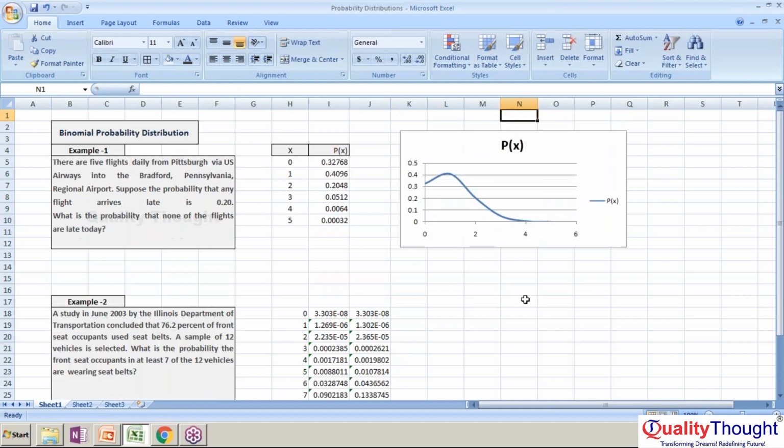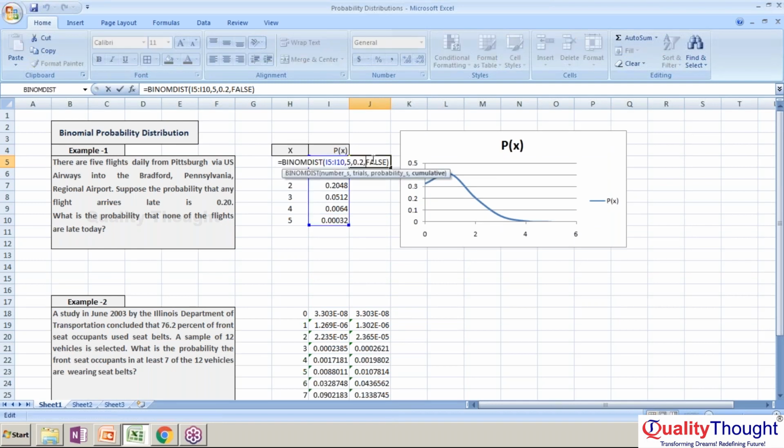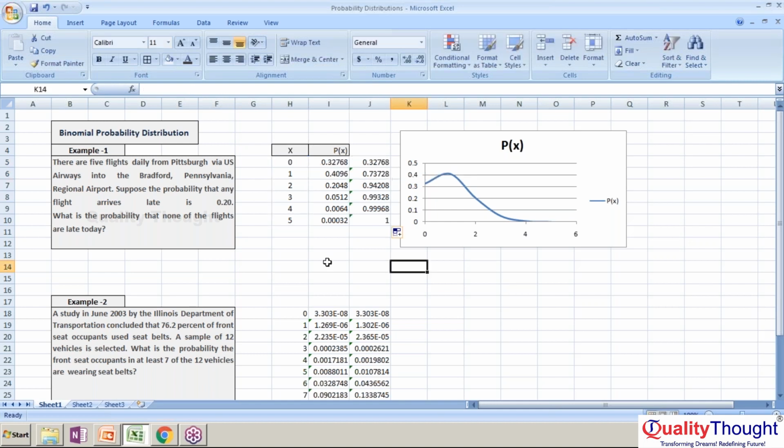Although here, cumulative. Let me just make it as true. Let me just make it as binomial distribution. Done. Is it 1? At the end of the day, the cumulative probability.